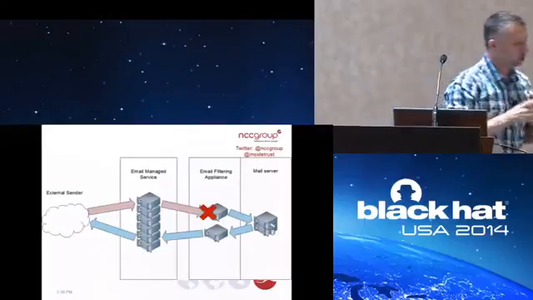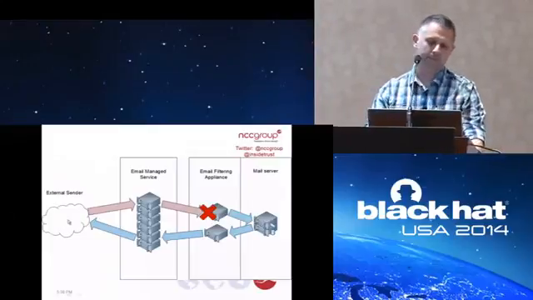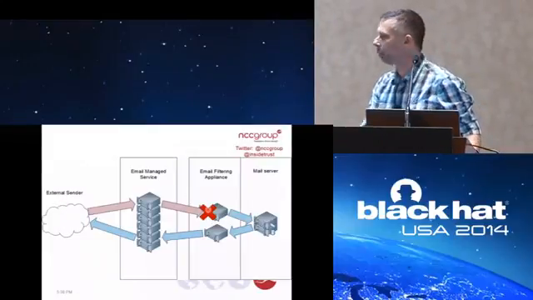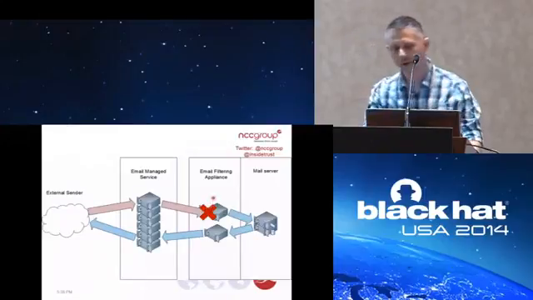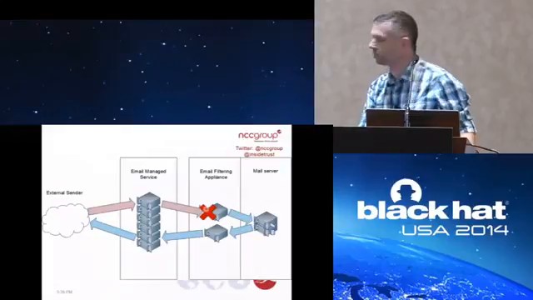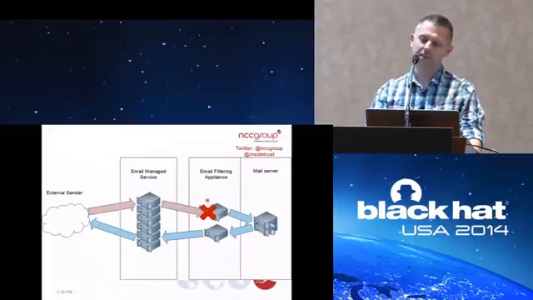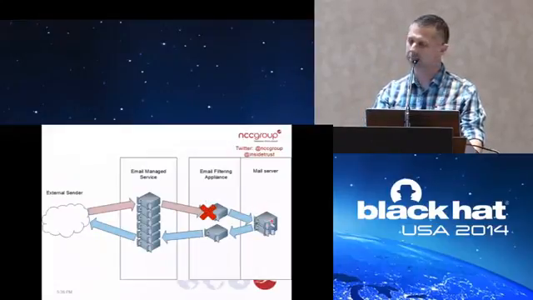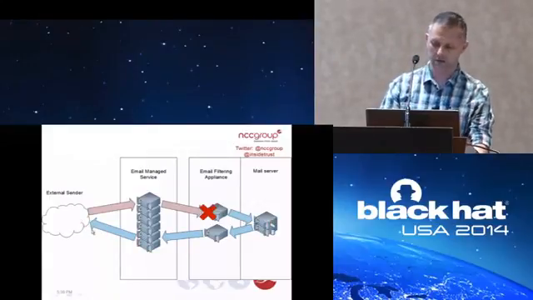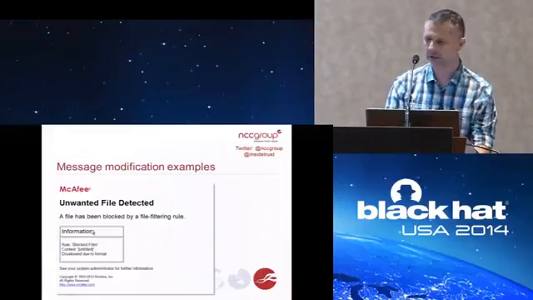Another case, which is kind of an interesting edge case, is where a message comes in and gets modified, my threat being removed. But because I'm sending to a non-existent recipient, that modified message gets bounced by the internal mail server, and then I get a bounce coming back, like this.